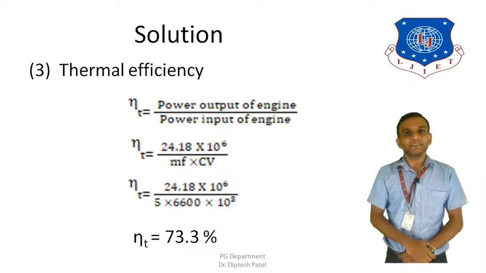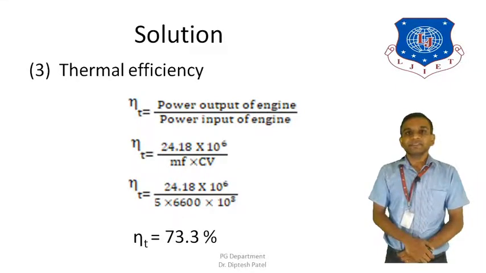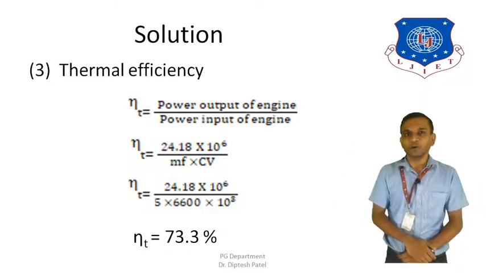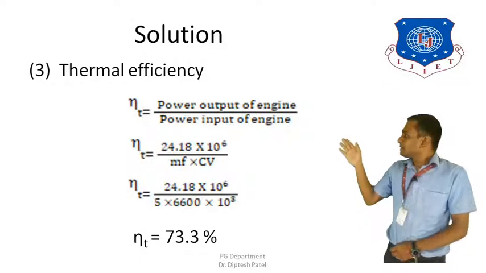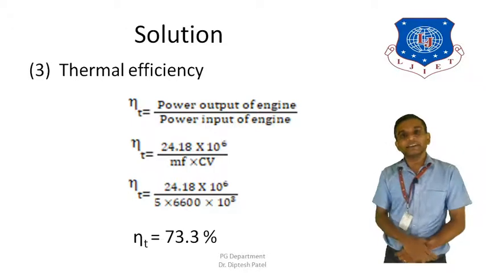Here the thermal efficiency eta T is equal to 24.18 into 10 raised to 6, which is output, divided by 5, that is the mass of fuel required, into 6600 into 10 raised to 6, that is the calorific value of fuel.